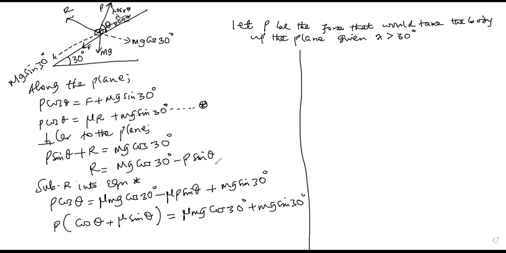Looking at this mu, we know what it means. We say that mu is the same as sine lambda over cos lambda, if you remember from our first lesson.